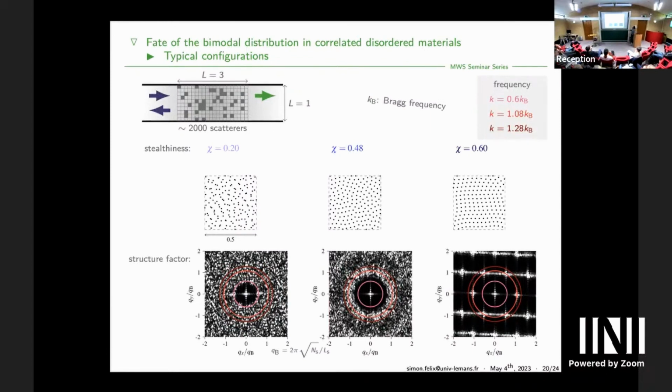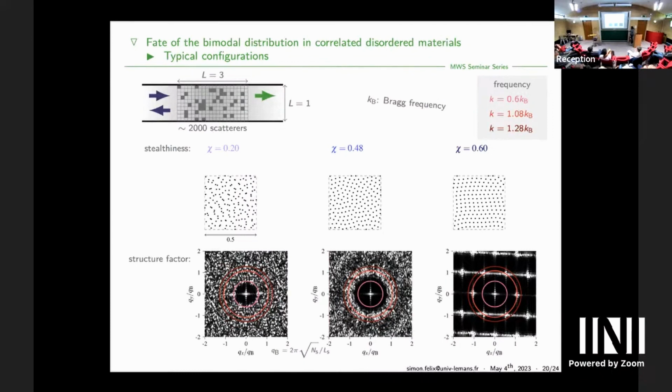We see that the regularity increases, and we see here the structure factor. On the structure factor, for a low value of the stealthiness, we have this transparency zone, where the structure factor is put to 0, up to some value that I have fixed, which is related to this t value.